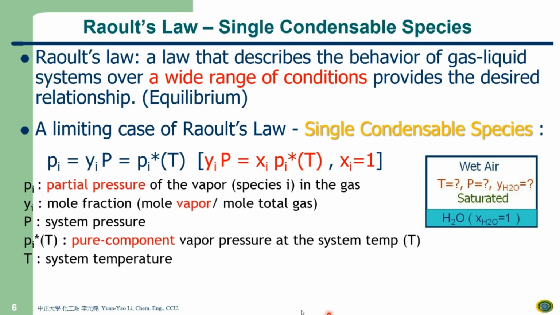Actually, what you need to remember is this. This is what we call Raoult's law: yi times capital P equals xi times pi star function of T. What is P?